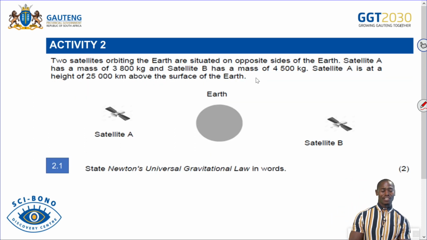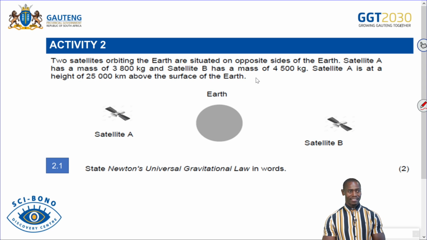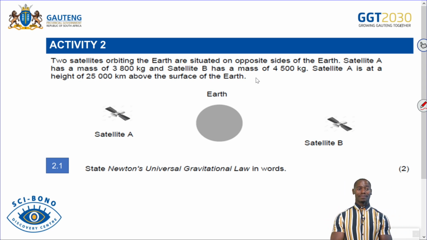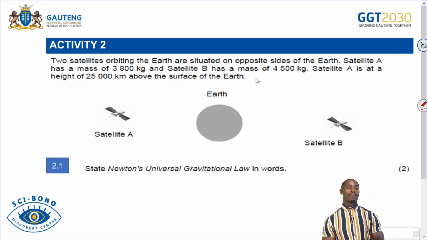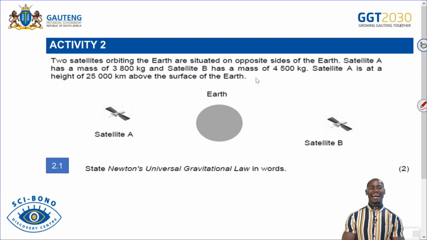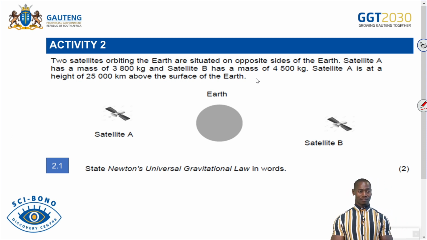Then let's look at this question. Two satellites orbiting the Earth are situated on opposite sides of the Earth. Satellite A has a mass of 3,800 kilograms, and satellite B has a mass of 4,500 kilograms. Satellite A is at a height of 25,000 kilometers above the surface of the Earth.